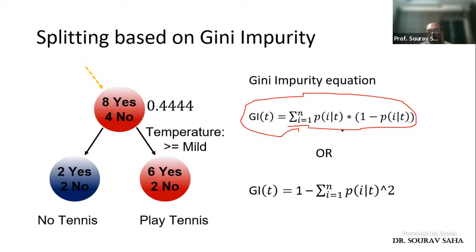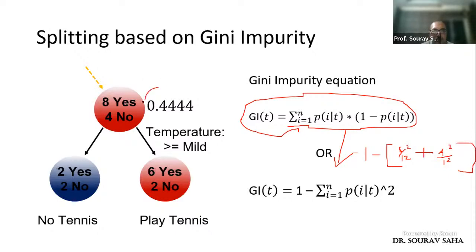Or a simplified formula is this one: 1 minus the sum of the squares of the proportions of all the different classes. So basically it will be 1 minus 8 by 12 squared, plus 4 by 12, the square of this.